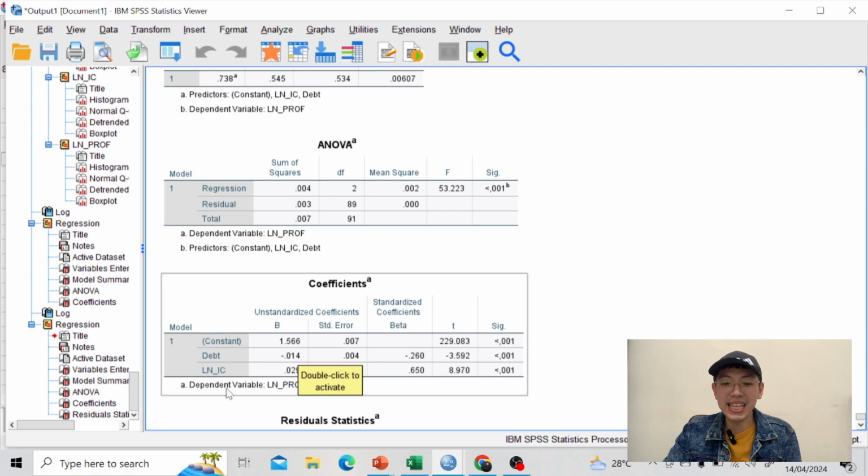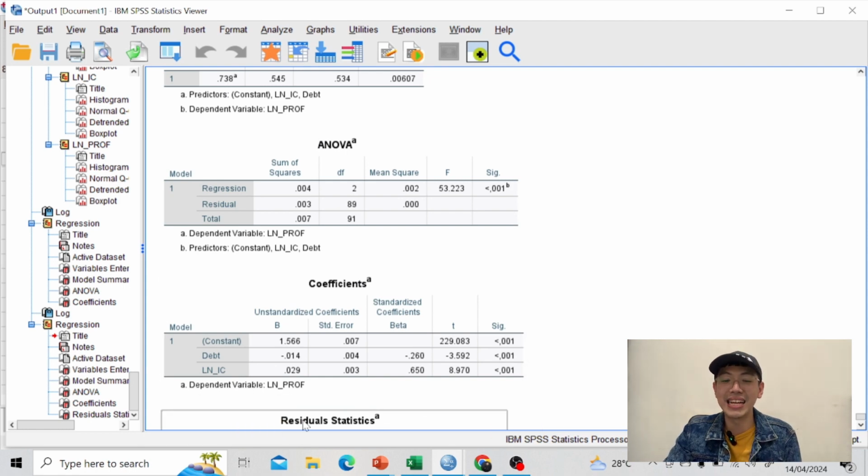While for the intellectual capital, the p-value is less than 0.001, it is less than 0.05 as well, so we can conclude that the intellectual capital affects profitability, and the effect is positive since the coefficient here is positive.